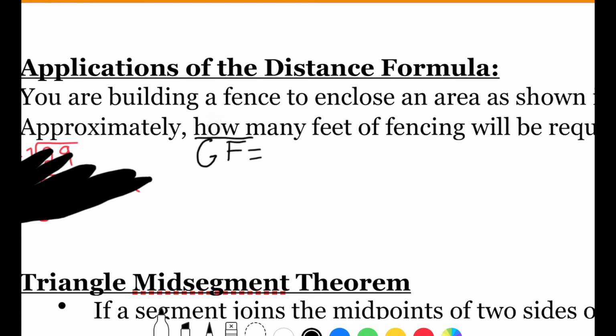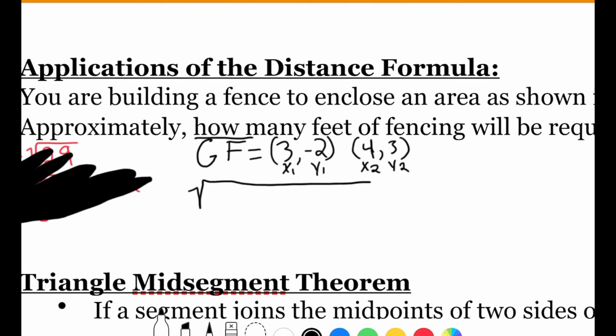is given the points 3, -2, 4, 3. So those are our points. We want to find the distance in between. So here is our x1, here's our y1, here's our x2, here's our y2.